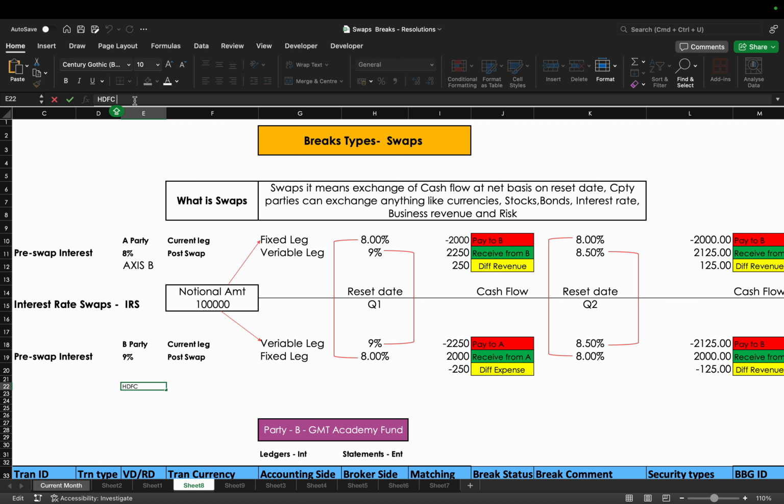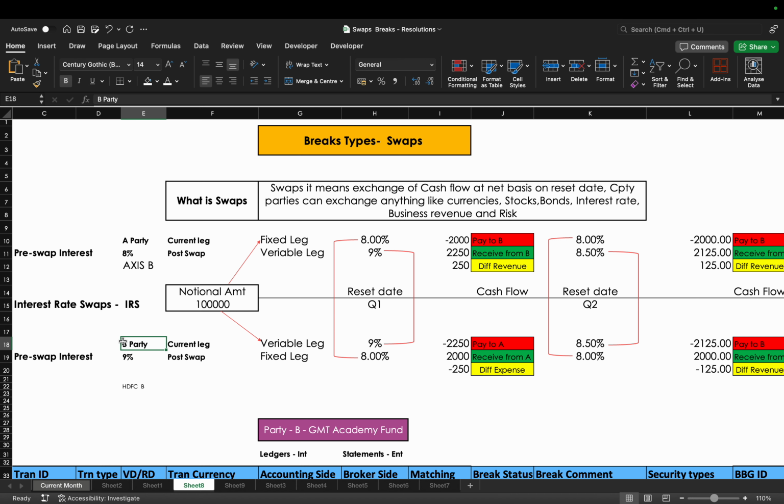This 9% is the variable portion that party B is paying to HDFC Bank on a loan amount of 1 lakh, whatever currency you want to take. Let's take USD. So on 100K, one party is paying 9% interest and another party is paying 8% interest.